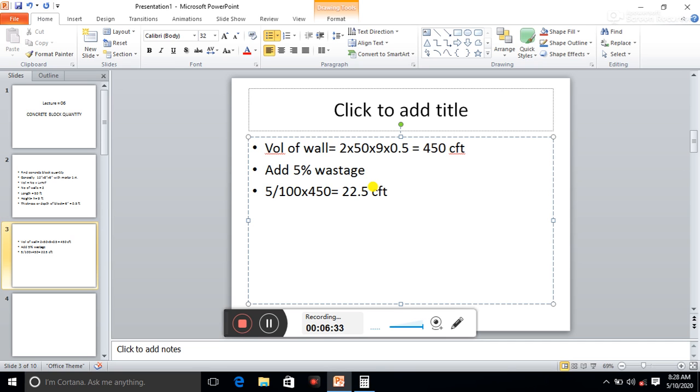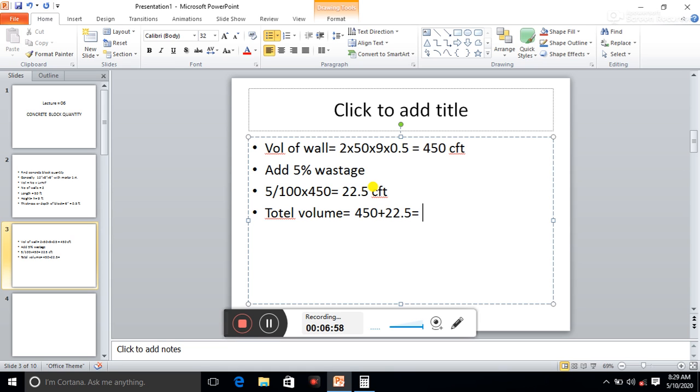We will add wastages and volume of wall to give total volume, which is equal to 450 plus 22.5.